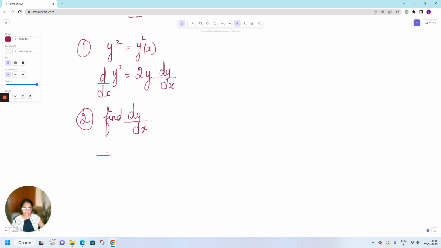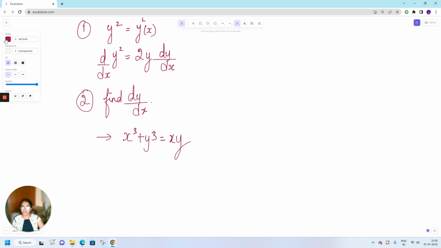In that, the first sub question is x cube plus y cube is equal to xy. What is the first step? I'll apply d by dx on both the sides. So this would be d by dx of x cube plus y cube, equal to d by dx of xy.